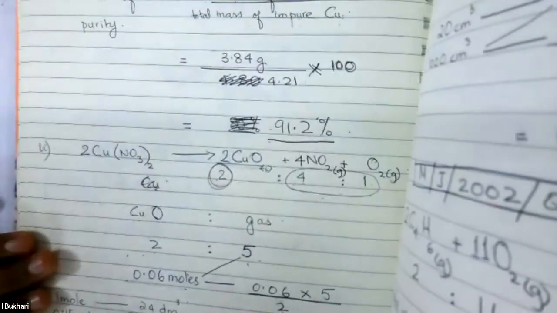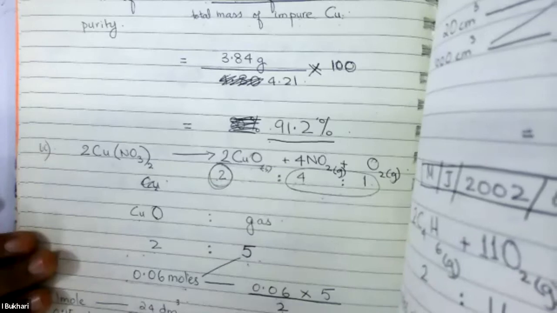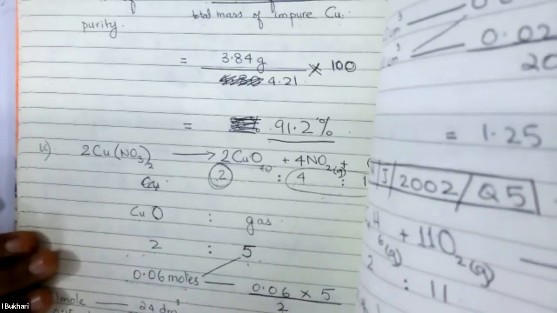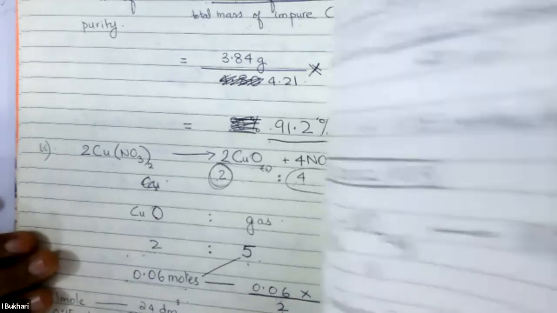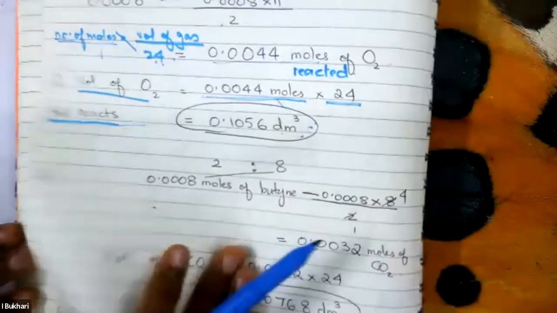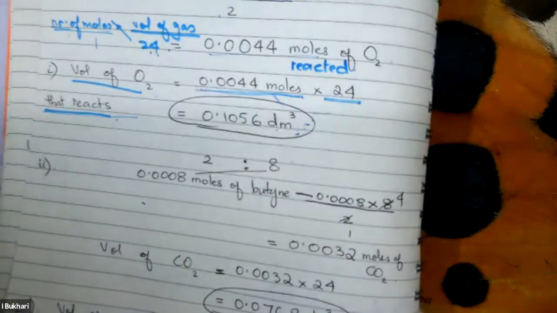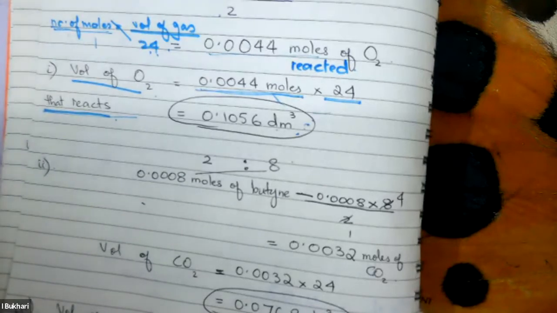Miss, when it says excess of oxygen, how is it different from when it gives the amount of oxygen? Listen, first of all, the question might mention that this thing is in excess. In this question, they have already mentioned it themselves. On the other hand, sometimes they ask you which one is in excess.